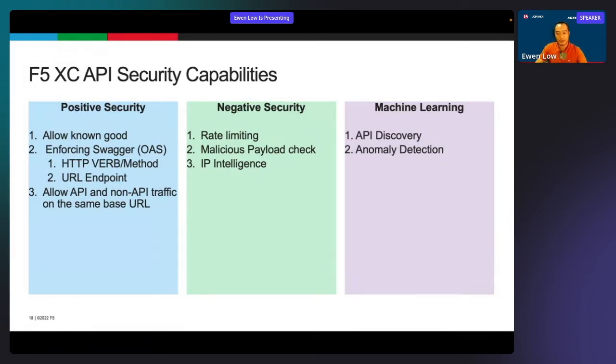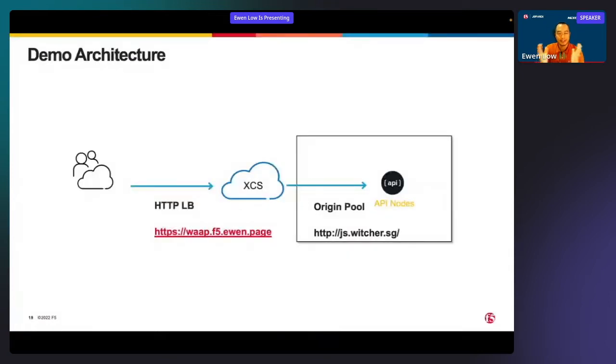So without further ado, I would like to quickly jump into the demo. But before that, let me show the audience our demo setup today. It is a very simple setup, as you can see here.